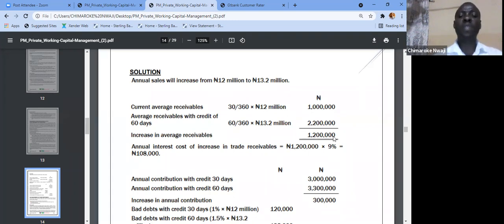Now, what is going to be the annual increase in costs? What is the annual cost increase? So if this is the increment, 1.2, and we have said that the cost of trade receivables is 9%. You can see it here.